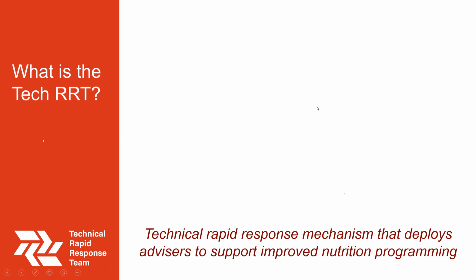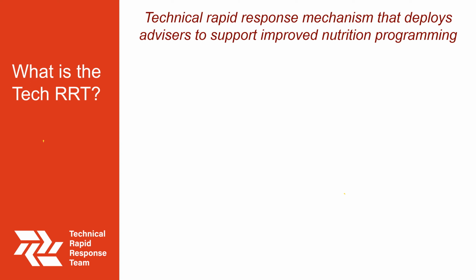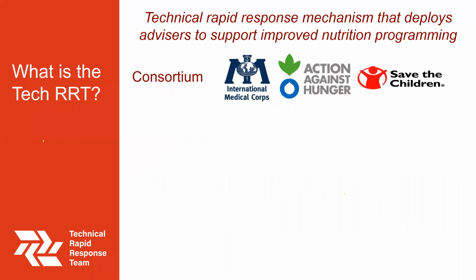Now, just to briefly tell you what the TechRRT is, so that you understand why we're interested in presenting this webinar series. We are a technical rapid response mechanism that deploys advisors to support improved nutrition programming. We do that by deploying advisors to emergencies or contexts that are relevant to emergencies, so it can be for preparedness as well, remote support in the same settings, and also capacity strengthening, for example, through these webinar series.